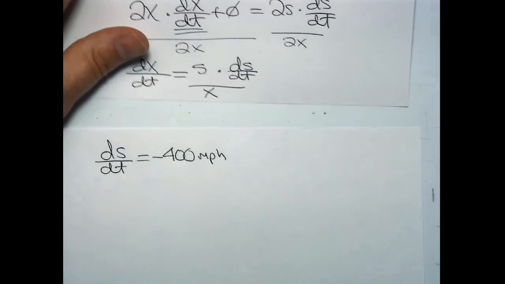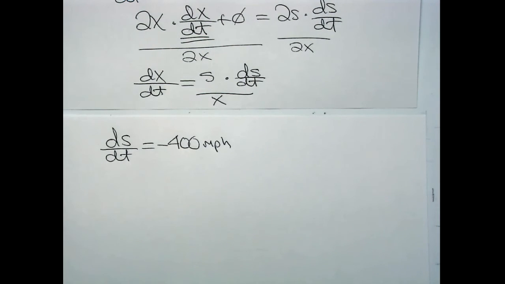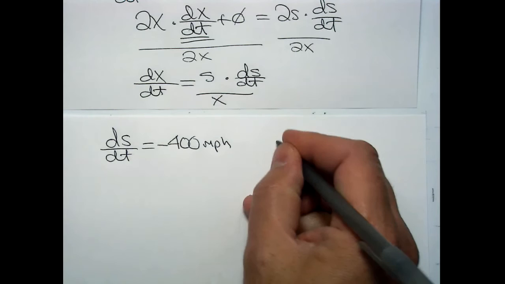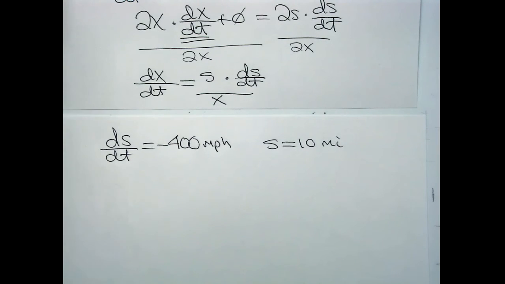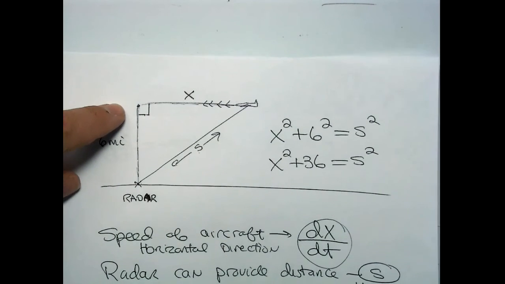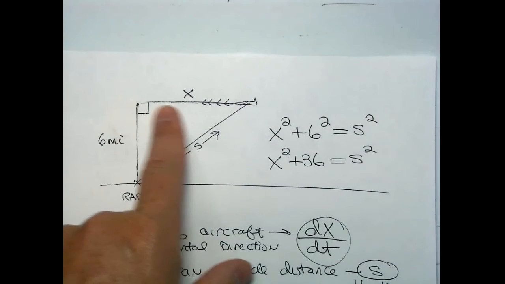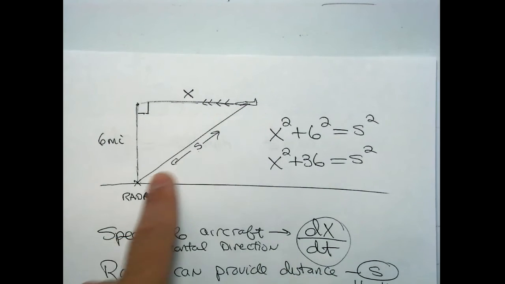That's what would happen to a hypotenuse. The radar also reports that the current hypotenuse is 10 miles. Now remember, that 10 miles does not mean it's 10 miles high in the sky. It's 6 miles high. And that 10 miles is not x either. This is 10 miles here.